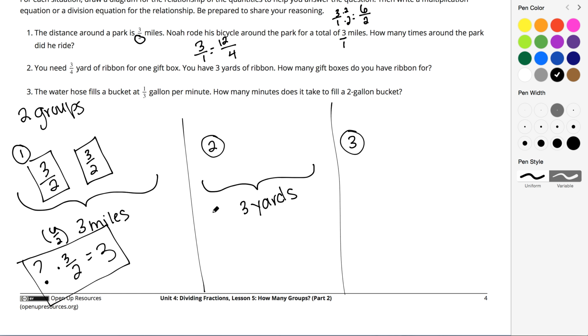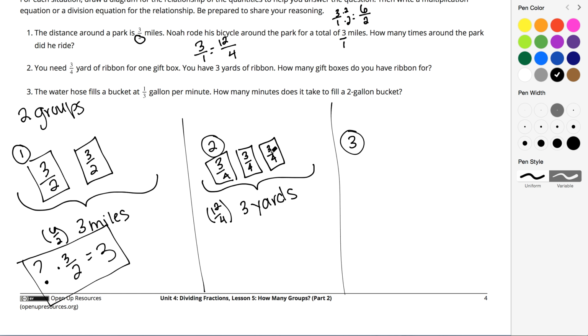So we're going to think about this as 12/4. So let's see, 3/4 is my first group. Is that enough? No. Let's do it again. 3/4 is my second group. 3 plus 3 is 6. Is that 12? No. I'm going to do it again. 3/4. 3 plus 3 plus 3 is 9.